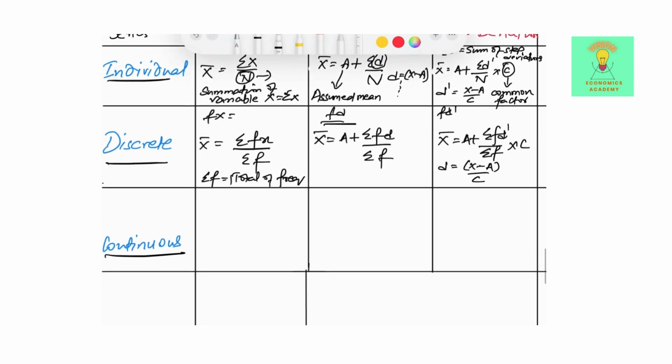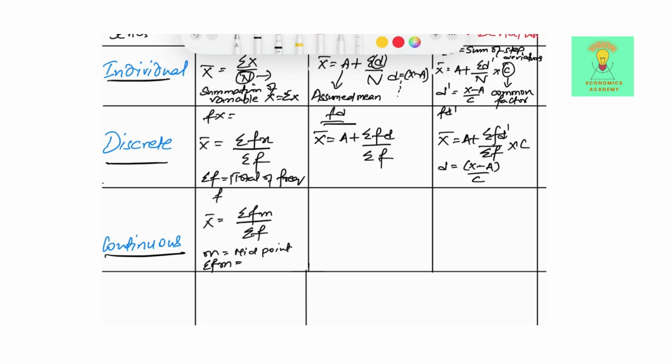Now in continuous series, x bar equals summation fm by summation f, where m here is the midpoint, right? Then summation fm we have.